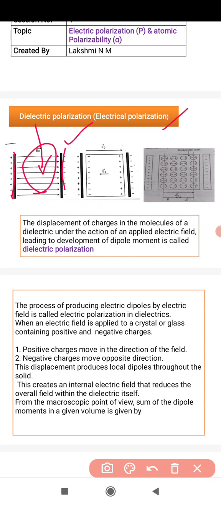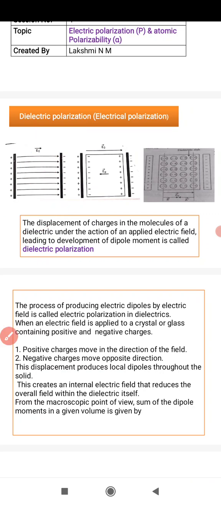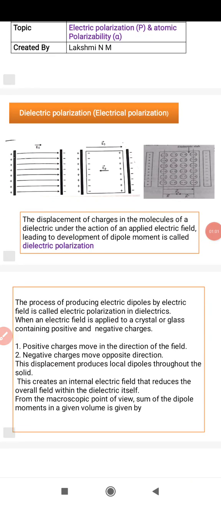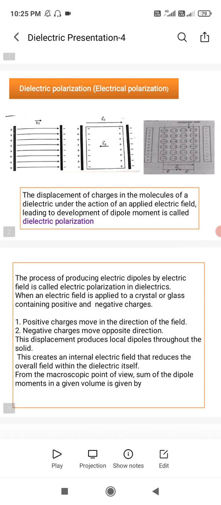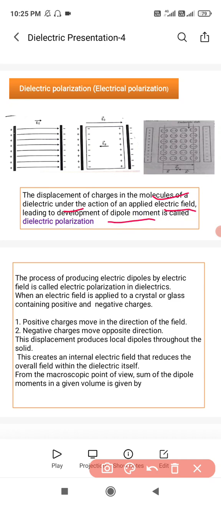After the application of the external electric field E naught in the forward direction, the displacement of the charges of the molecules of a dielectric under the action of the applied electric field is obtained. This leads to the development of dipole moment, which is called the dielectric polarization.